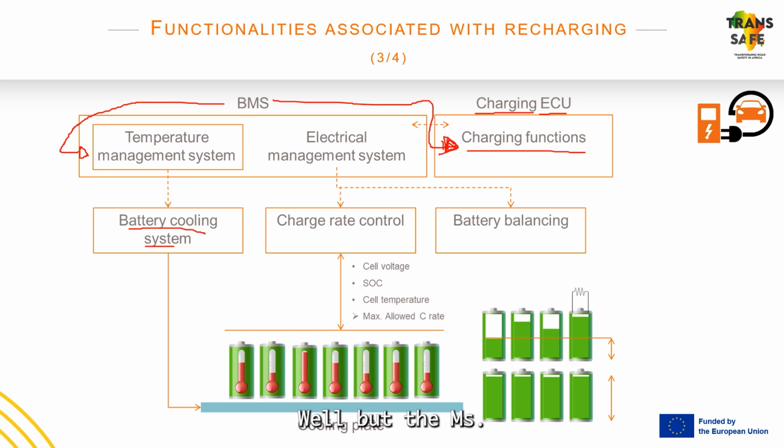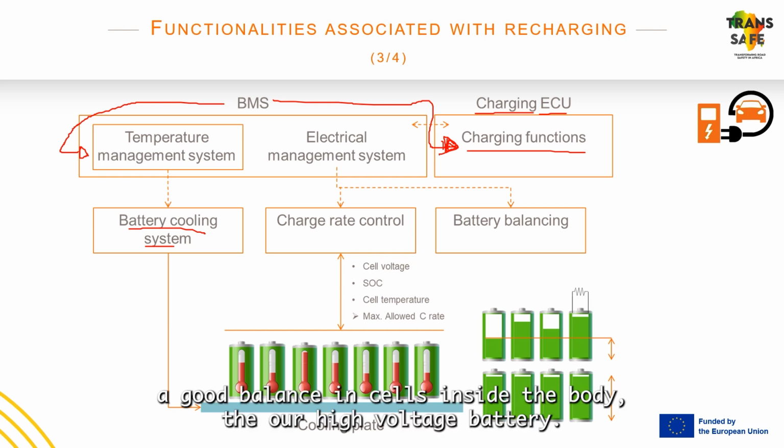The BMS doesn't have enough time to make the balancing process. So from 80 to 100%, we limit the charging power in order to have a good balancing of the cells inside our high voltage battery.